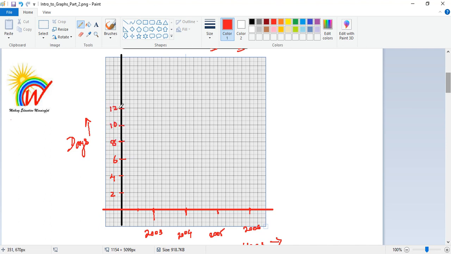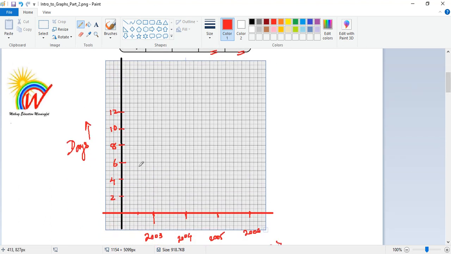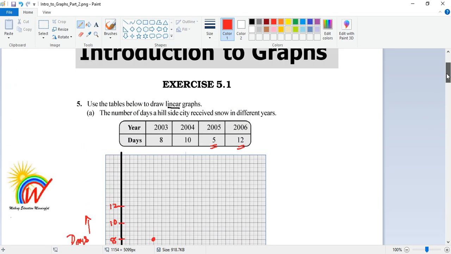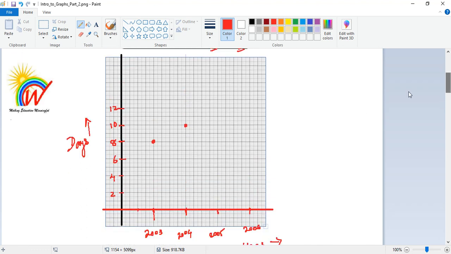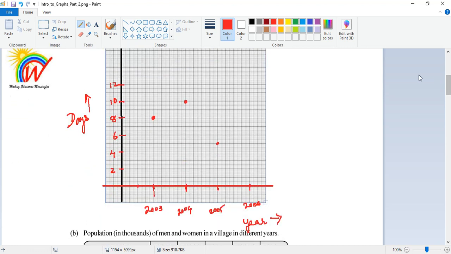Let us just mark it. 2003 is 8, so mark 2003 8 over here, and 2004 is 10, so 2004 10 over here. 2005 is 5, so over here. And then comes the next one, 2006. What is 2006? 12. So let's mark 12 over here.